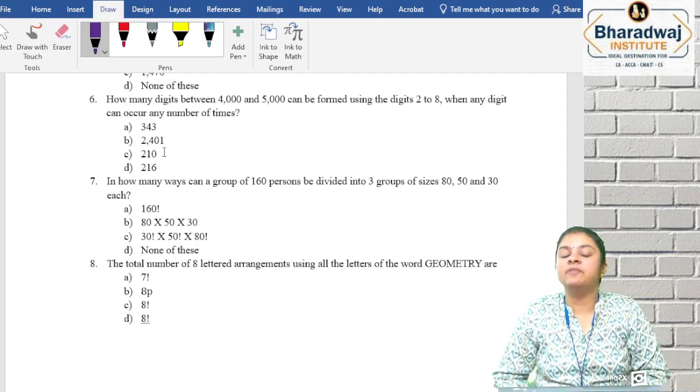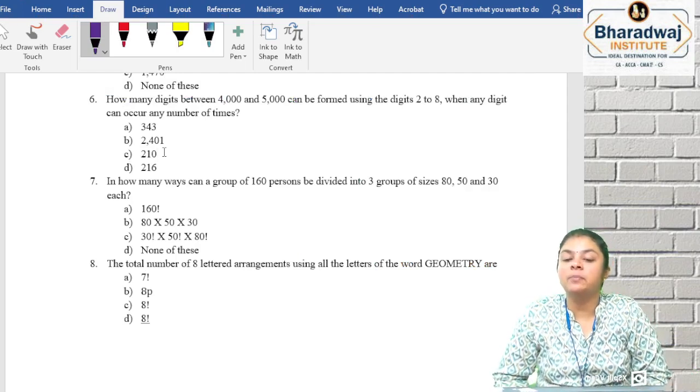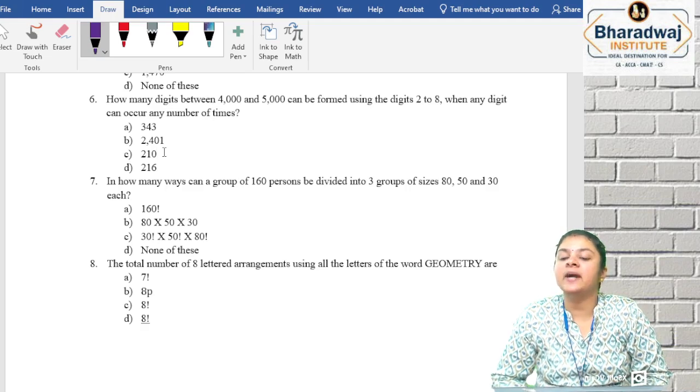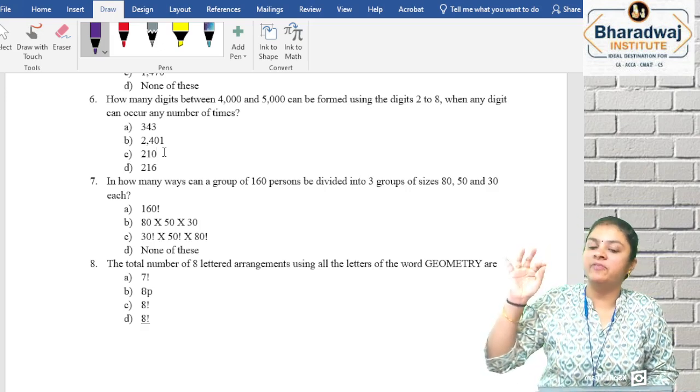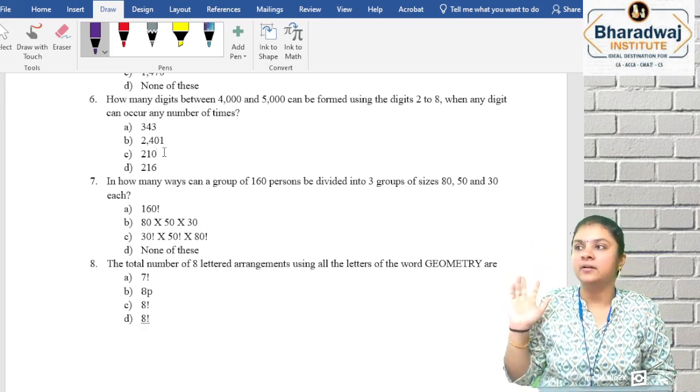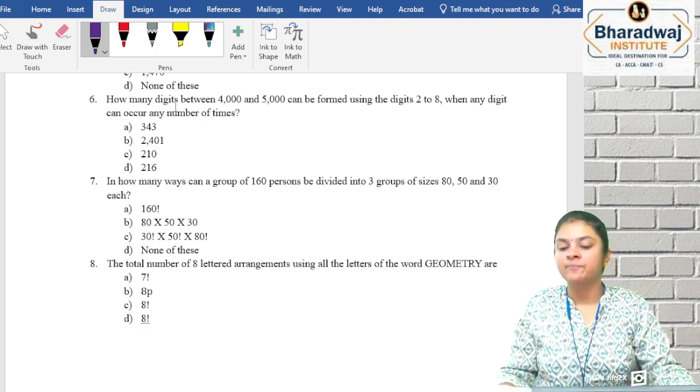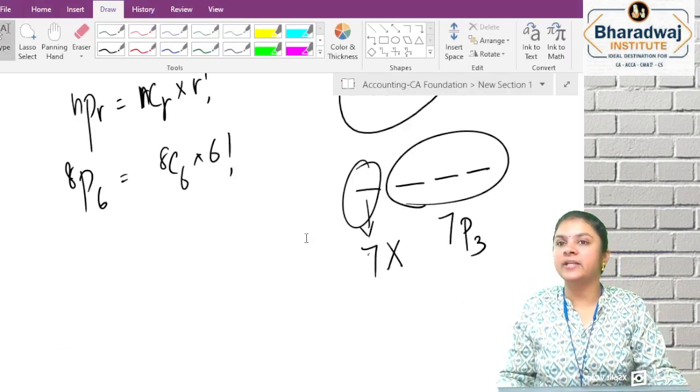How many digits between 4000 and 5000 can be formed using the digits 2 to 8 when any digit can occur any number of times? So 2 to 8 na 2, 3, 4, 5, 6, 7, 8. Totally 7 numbers we have and any number of times any digit can occur.